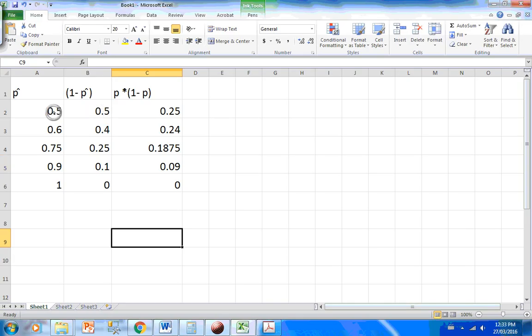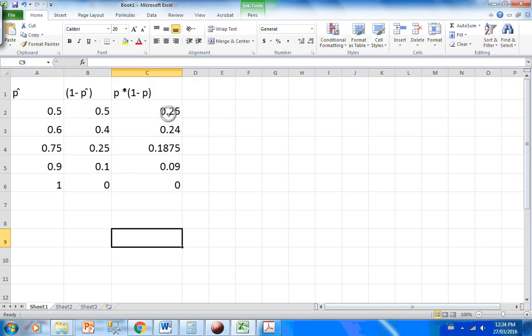If p hat is 0.5, 1 minus p hat is 0.5. If p hat is 0.6, 1 minus p hat is 0.4, and so on. In the third column, I took the product of p hat and 1 minus p hat, and it looks like the maximum possible value of the product is 0.25. All the other possibilities give less than 0.25.